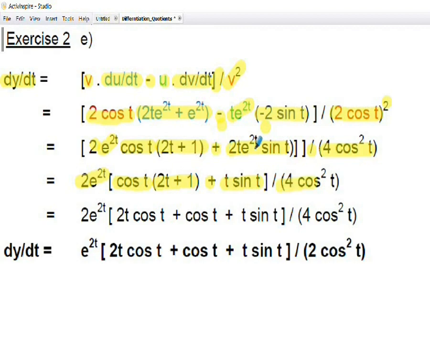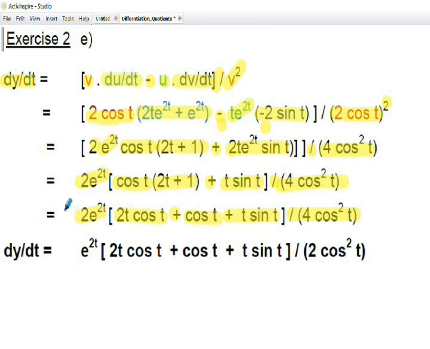That's still divided by the 4 cos squared t. In the next line, I've left the term outside, 2e to the 2t, but I've expanded the bracket now, so cos t times 2t is 2t cos t, plus 1 times cos t is cos t. So I'm expanding the brackets there, this term is staying the same, and dividing by the denominator.